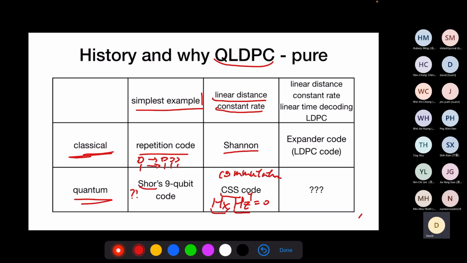The CSS construction allows people to translate classical codes into quantum codes.